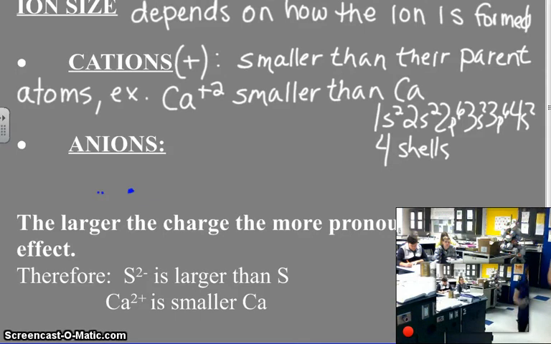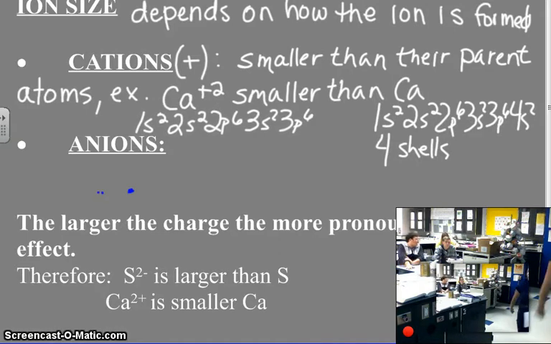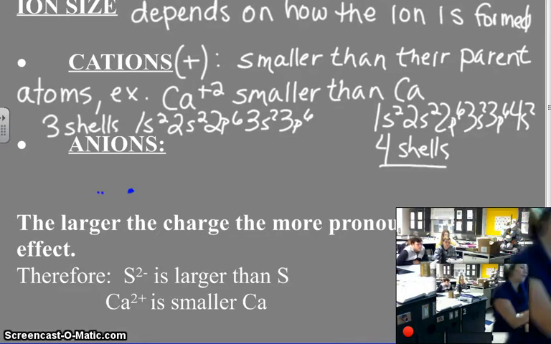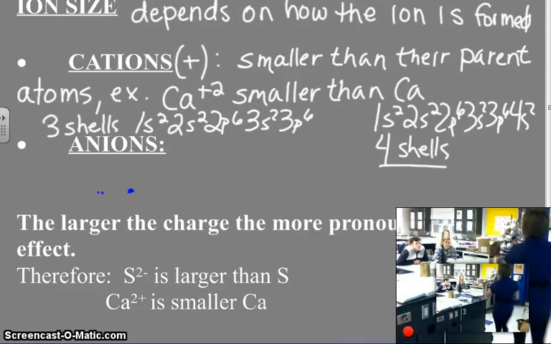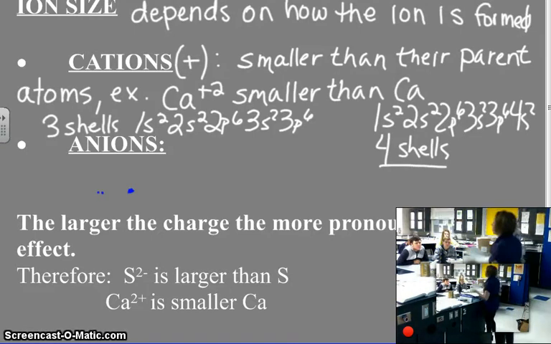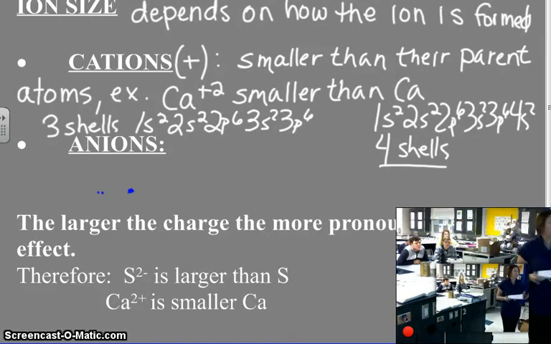Your valence electrons. So the calcium ion is only 1s2, 2s2, 2p6, 3s2, 3p6, right? So this has 3 shells, and this guy has 4 shells. Again, less shells, smaller, all right?